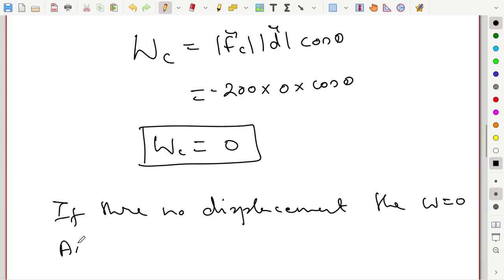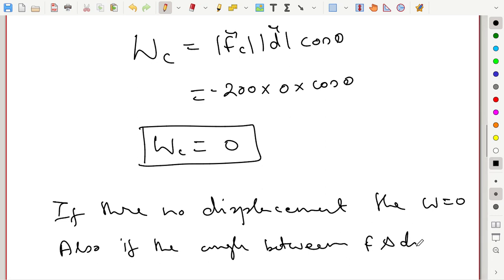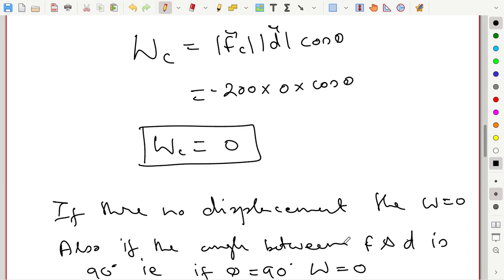Also, if the angle between the force and the displacement is 90 degrees, that is, if theta equals 90 degrees, work done is zero. In both these conditions work done is zero. So they have asked this second part of the question to trick you.